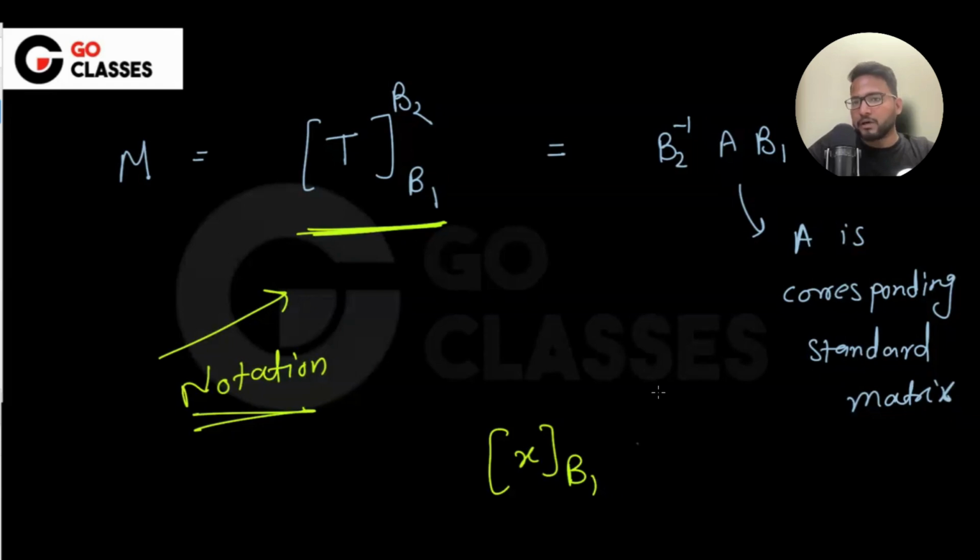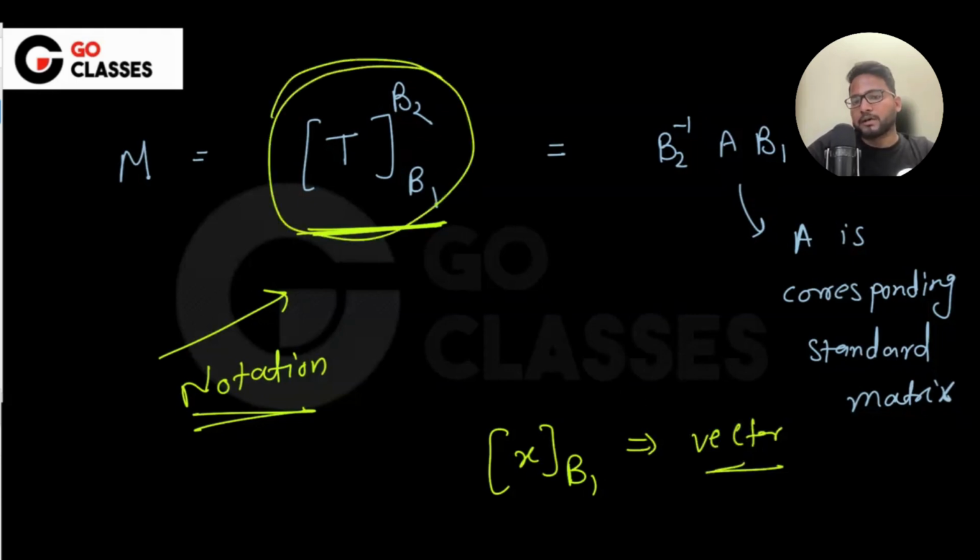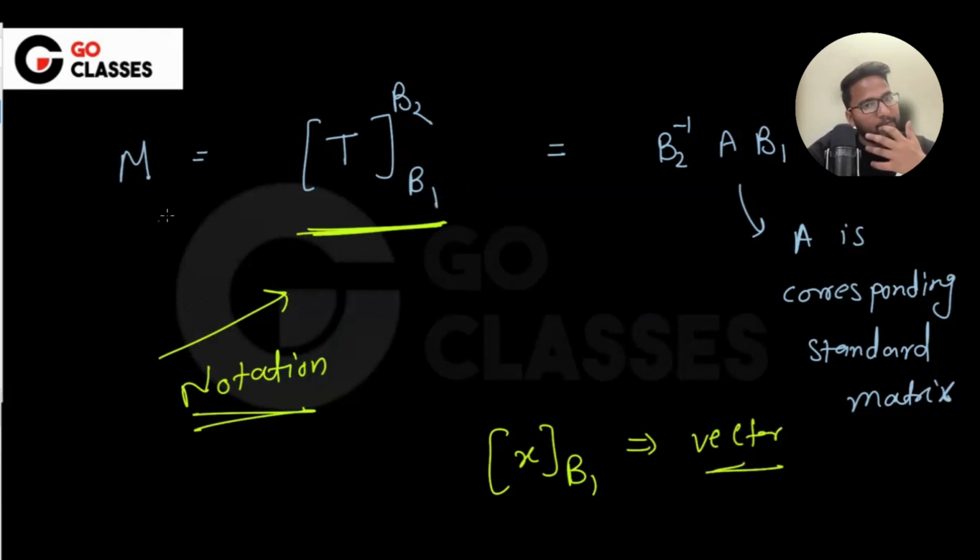This is a vector. Okay, these are the notations I'm just telling you. This is a vector. But if I write like this, then it is a notation for my M, which makes it clear what it is doing: it takes the vector in B1, transforms it, and gives the vector in B2. Okay, this is a matrix.